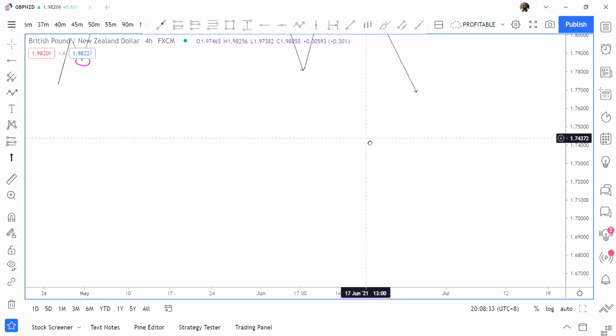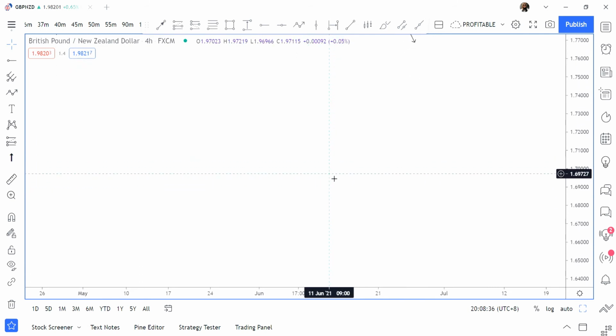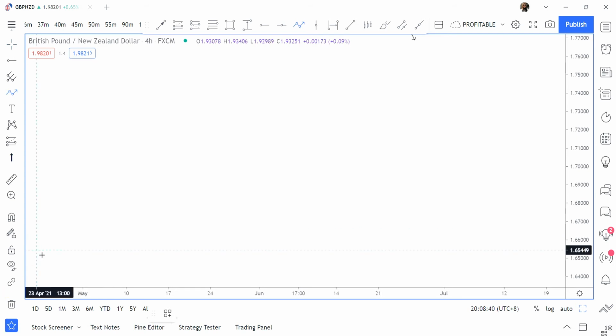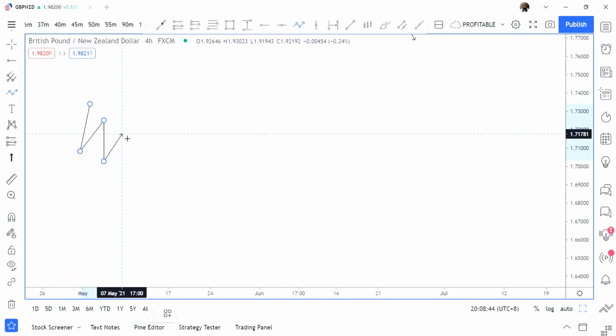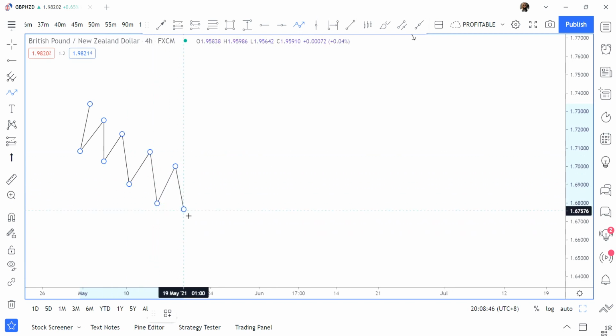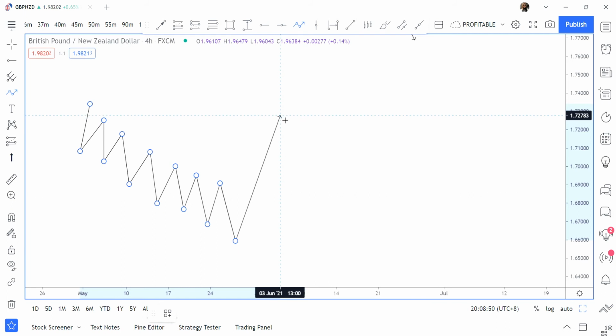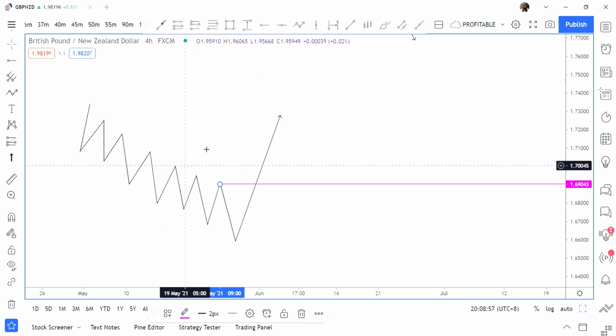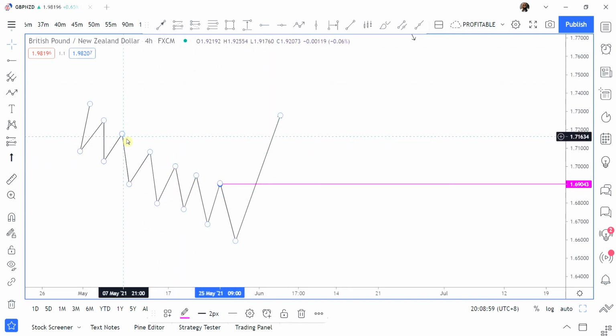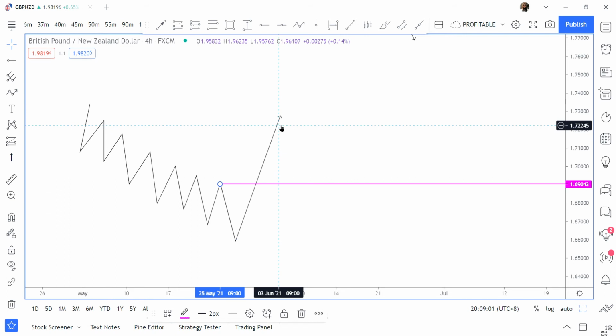The opposite is true for the demand zone. For the demand zone, what we need is a downtrend. Nice downtrend. And then all of a sudden, price breaks structure to the upside, breaking this and this and this and this and this and this all the way up to here.